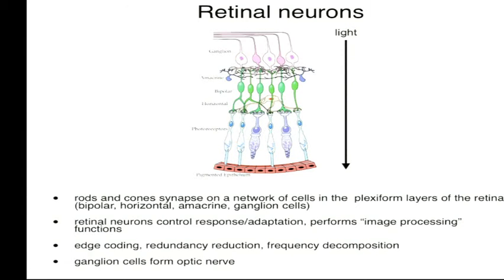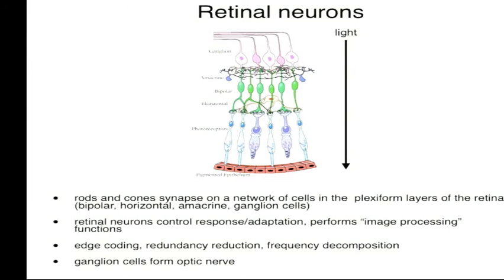Further up the chain, the bipolar cells, the green ones, are connected to the ganglion cells by the amacrine cells over there, sort of a diffuse network of cells. And the axons of those ganglion cells form the optic nerve, okay? So all this stuff that's connecting the photoreceptors to the ganglion cells is what creates the receptive fields, okay? That are the primary processing units in the retina.